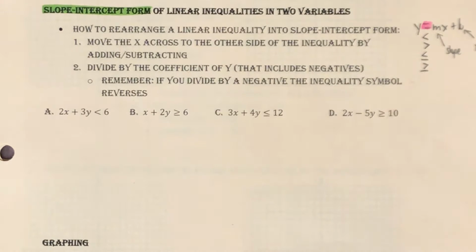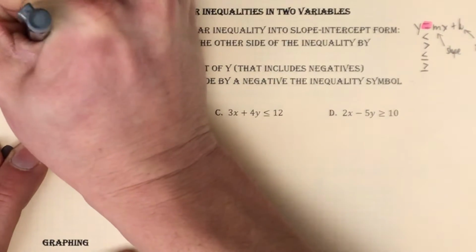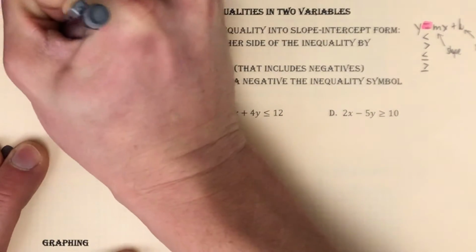So in this section, what we're going to talk about is how to rearrange a linear inequality into slope-intercept form. And this process is no different than how we rearranged linear equations to slope-intercept form. There's only one thing that you really need to remember. It always starts with a problem in the form ax plus by greater than c.